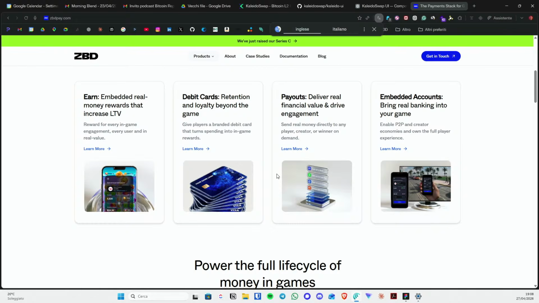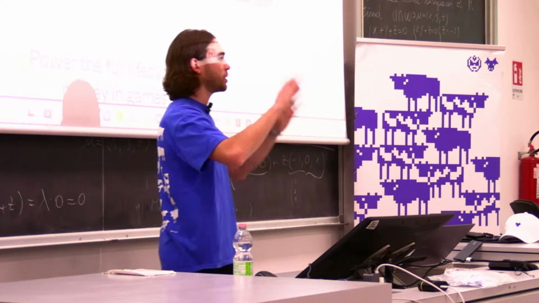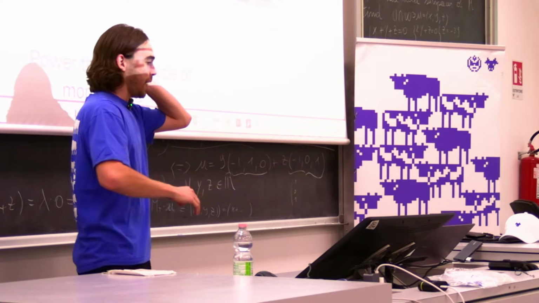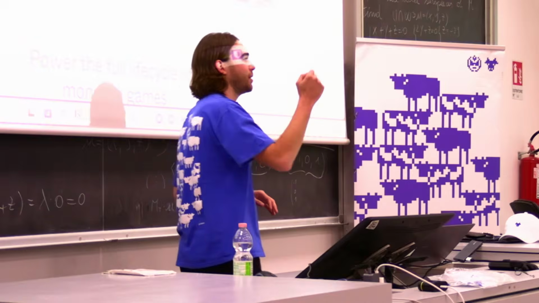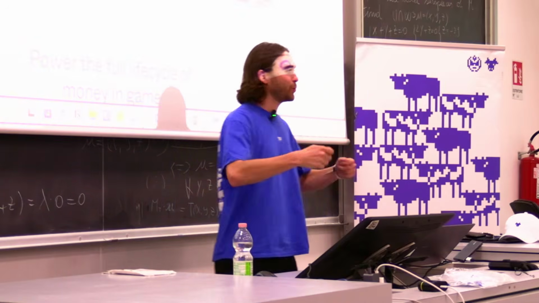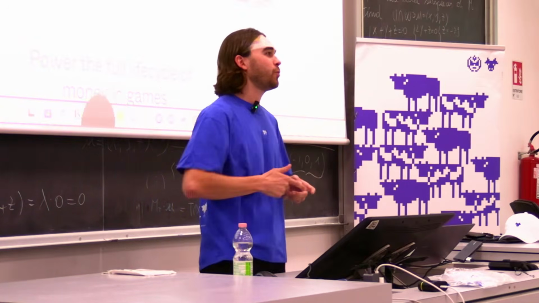A project that made them kind of famous, let's say, was CS:GO. Do you know CS:GO, the shooting game for PC? They created a copy of it because it's open source, and they integrated Bitcoin payments. So to join a game, you put in some Bitcoin. When you kill someone, you gain money.